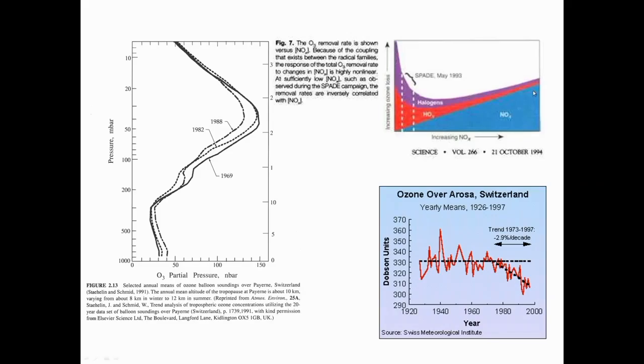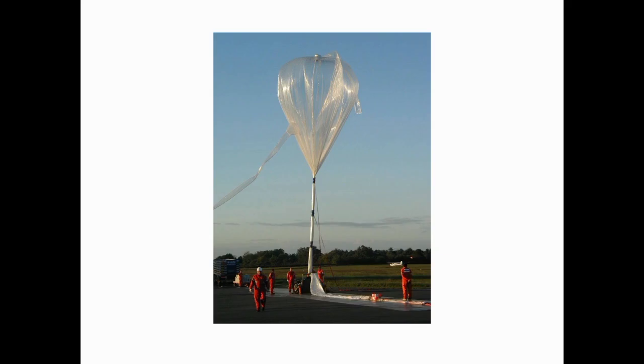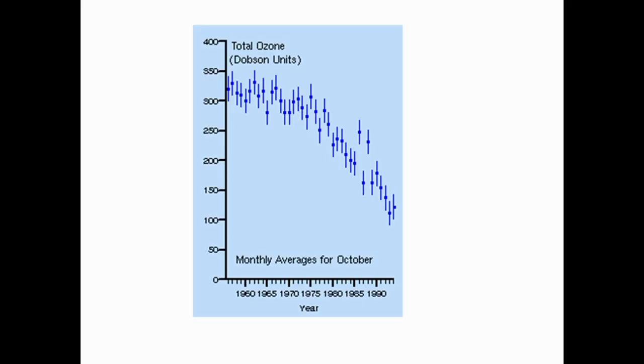So whereas this profile showed that there was a reduction of a few tens of percent between the late 60s and the late 80s, the ozone depletion over the South Pole was much, much more dramatic. So the way they found it was by letting off balloons. So these balloons going right through the atmosphere with sondes to measure the ozone concentration. So do you remember what a Dobson unit is?